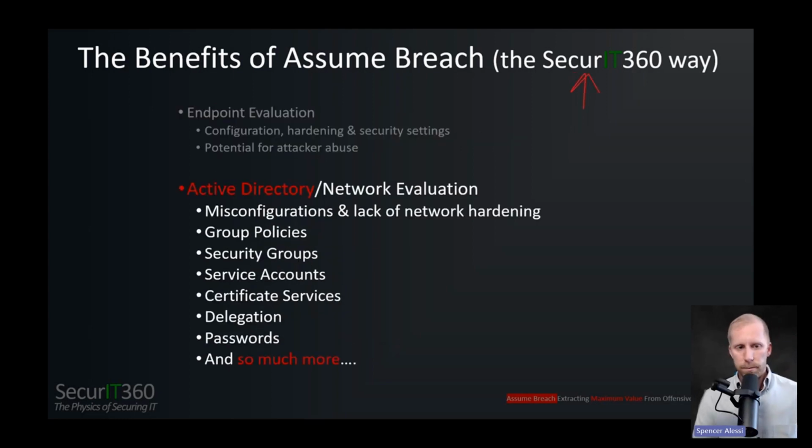Step number two, the second component of our internal assume breach pen test methodology, is the Active Directory network portion. As we know, most organizations are using Active Directory, and even more so, most organizations are using Entra, and they have a bunch of stuff on the network, right?